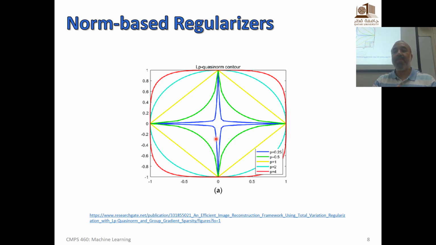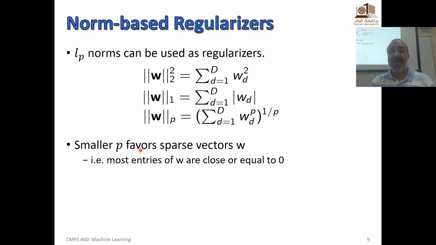Of course, this is in the case when we have just two weights, just to be able to see it. But when we have many weights, many of them will be small, some of them will be 0. So we can say that smaller P favors sparse vectors of weights. Sparse means we will have many zeros. In general, the word sparse is used with matrices. Have you heard of a sparse matrix? A sparse matrix means many of the entries are zeros.